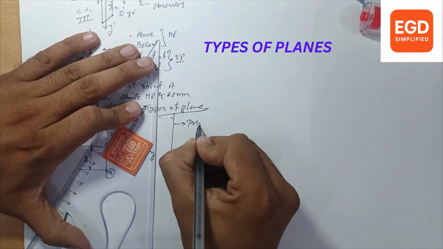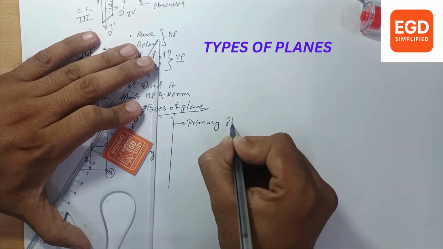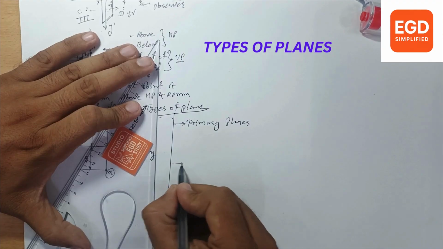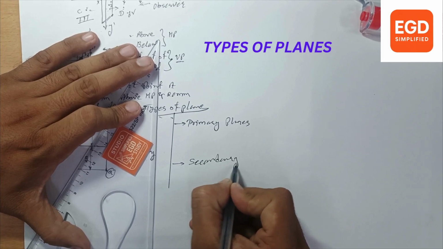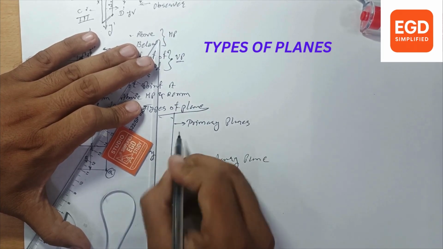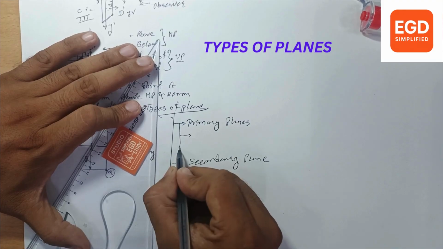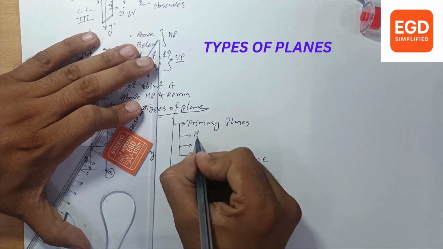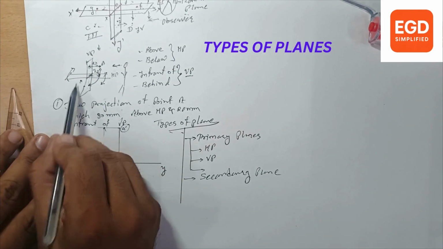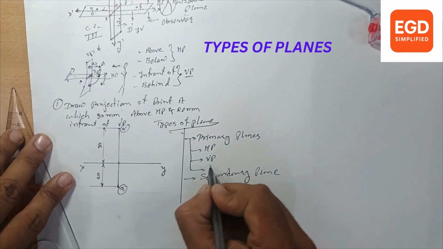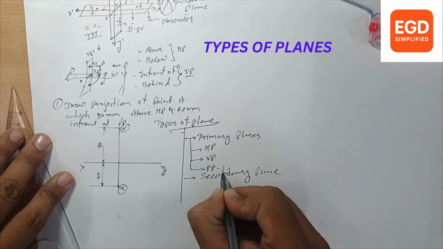First one is primary planes and another is secondary planes. In primary planes there are three types of planes: horizontal plane, this is our horizontal plane, then vertical plane, and another one is profile plane.